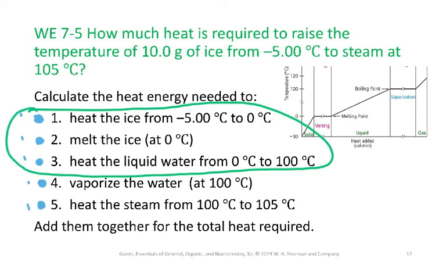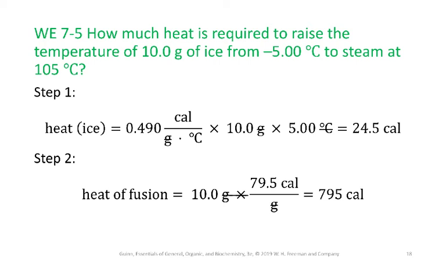You can see how this question goes all the way from solid to gas. So let's take these steps one at a time. Step 1, heating the ice from -5 to 0. We're going to use the equation specific heat times the mass times delta T.